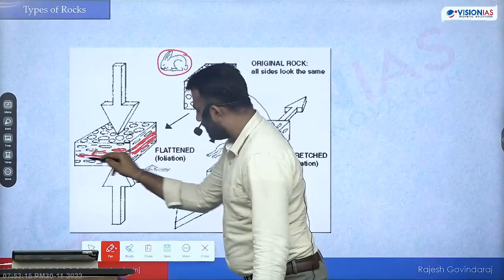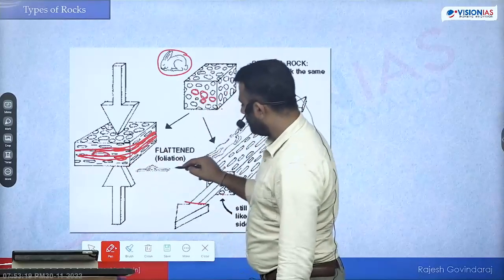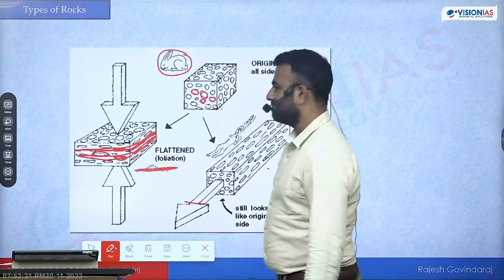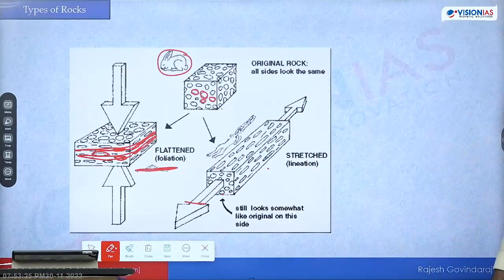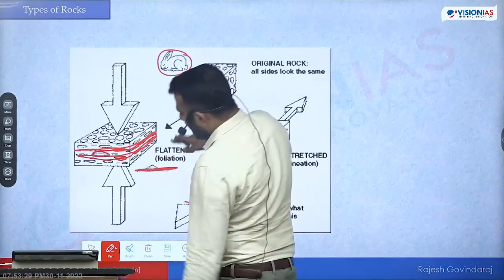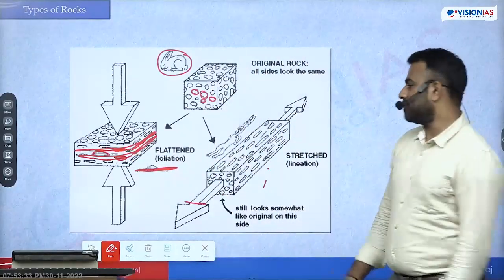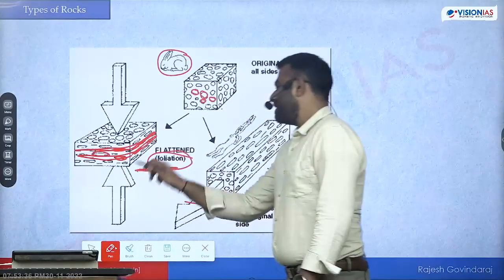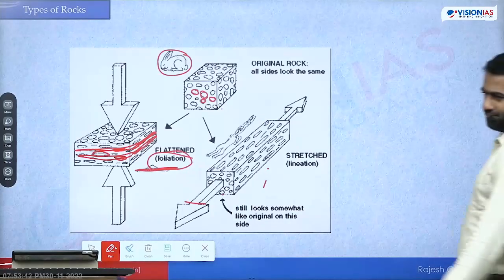Can you see? एक plane में align होता है. ये rabbit देखो ऐसे पूरा flat हो गया. So दब गया. So during the process of metamorphism, some of the minerals get activated and they get aligned in a particular plane. This process is called foliation. Foliation is part of metamorphism.